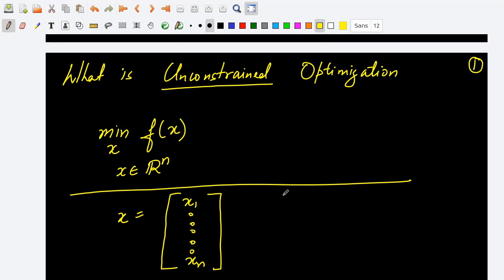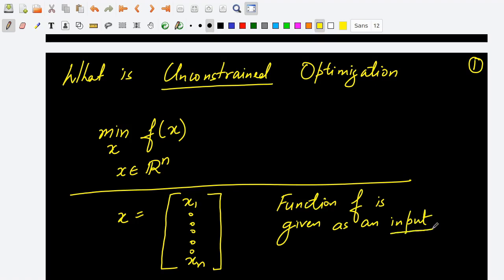Okay, so the function f is given as an input, and today we will actually try to appreciate what this really means when we say that f is given as an input, because f could potentially be anything.